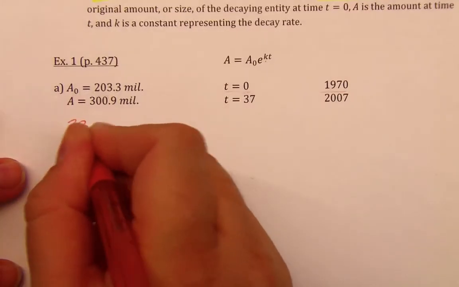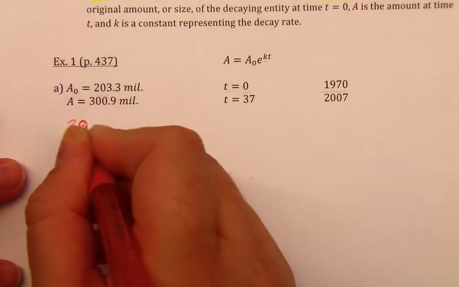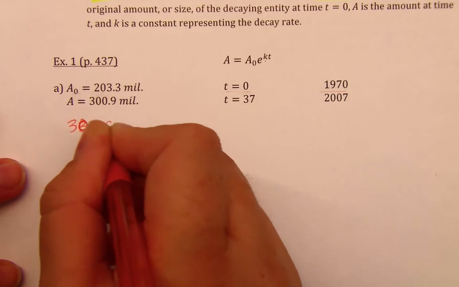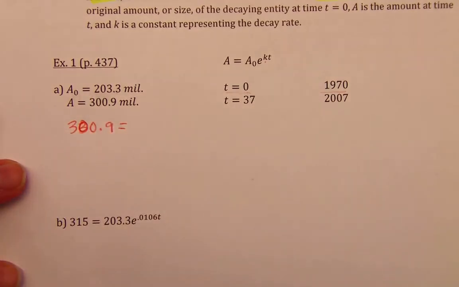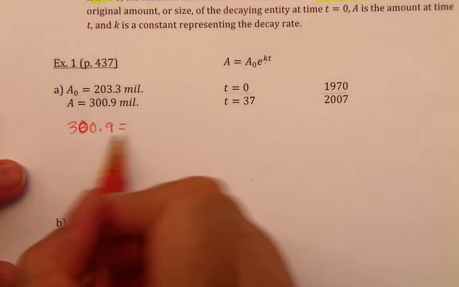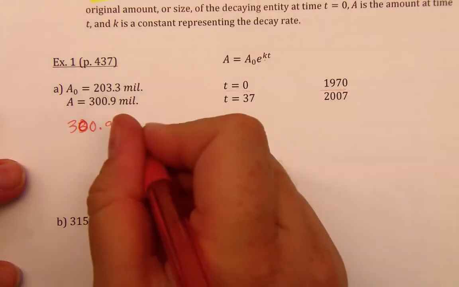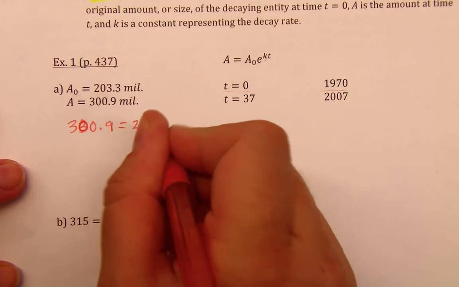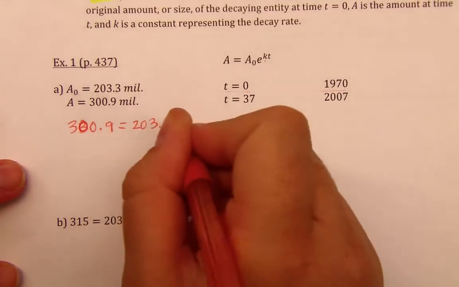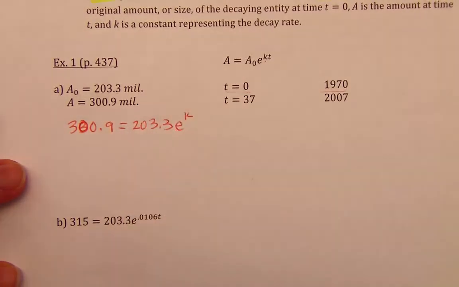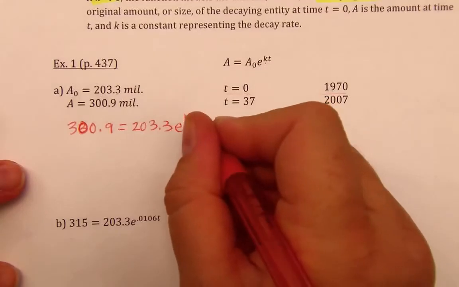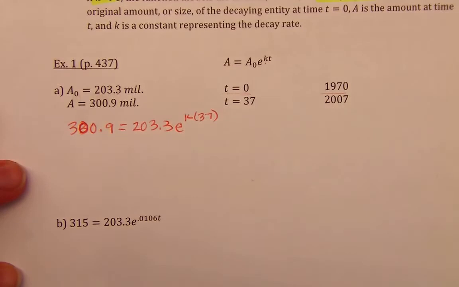So 300.9 million is what the population ended up being in 2007. Our start population was 203.3 million, times E to the K power. We don't know what K is, that's what we're solving for, and the time that passed was 37 years.